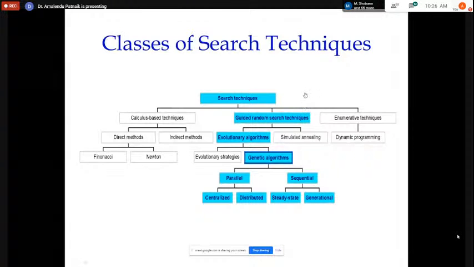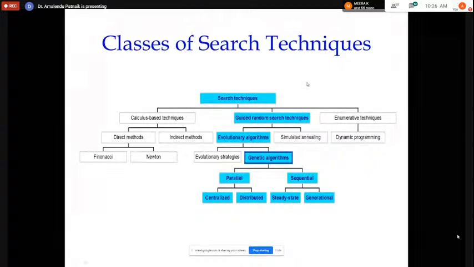Okay. So in guided random search technique, although the starting point is random, as you are approaching towards the result, the process is a completely guided one, right?